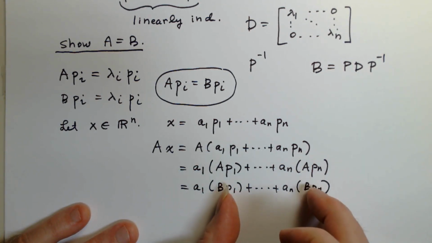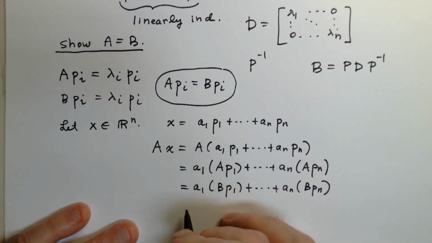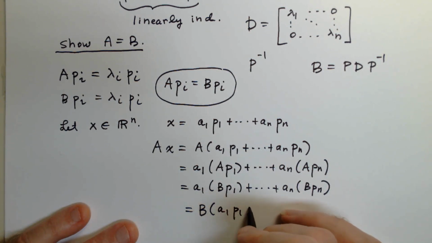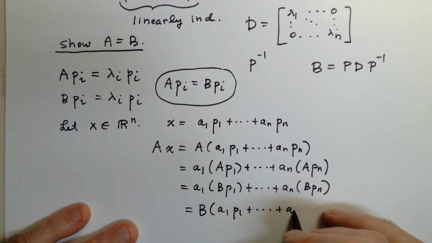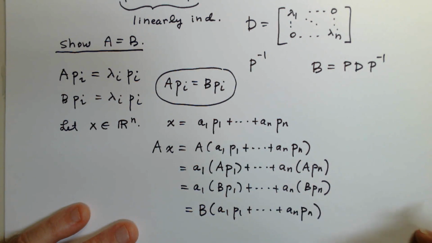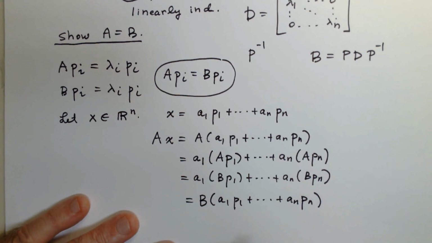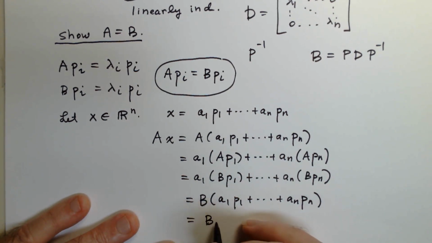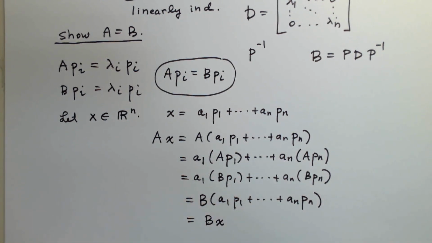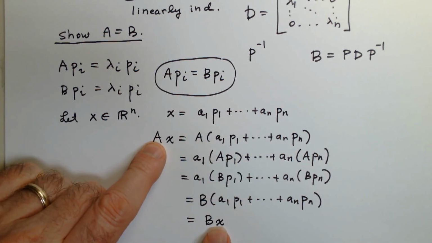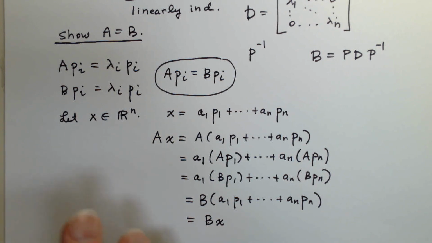Now we're going to factor the B out on the left and write this as B applied to the linear combination a1 P1 on down to an Pn. But once again, that linear combination is just the vector x, and so this is just B times x. So we know that for every single vector in Rn, A times x is equal to B times x. And that means that A and B have exactly the same entries.